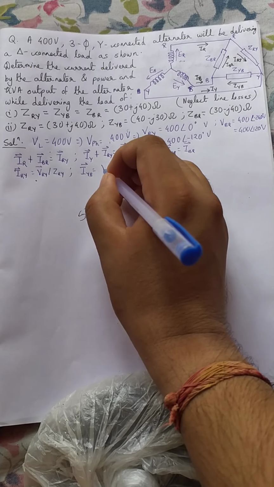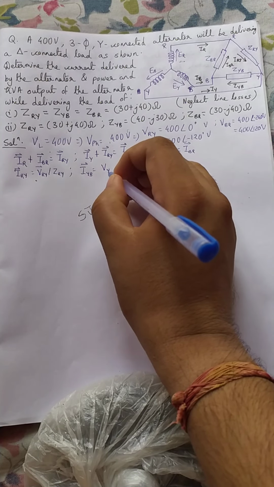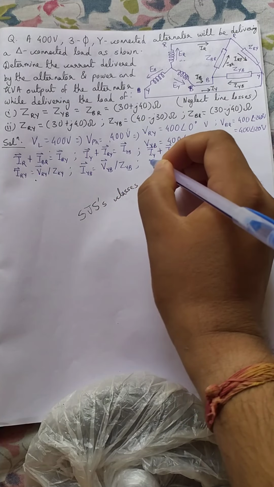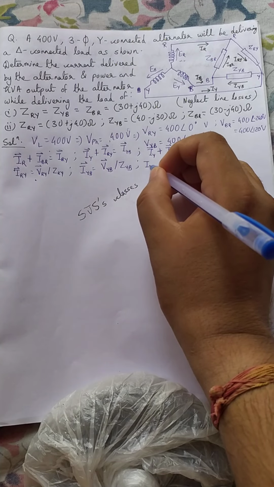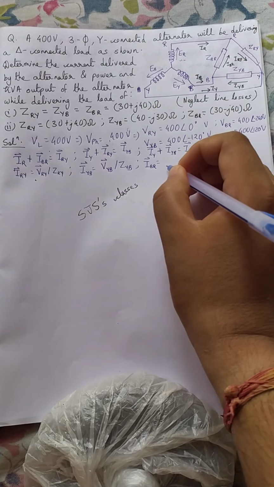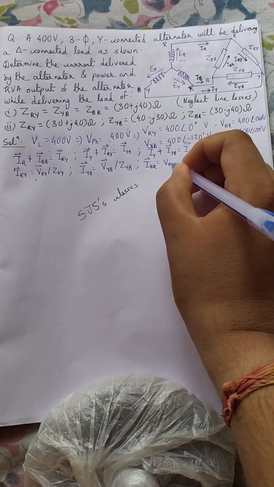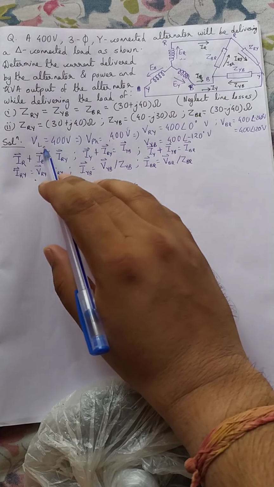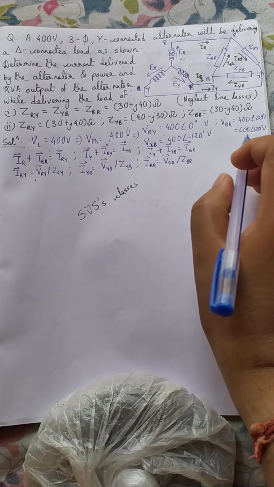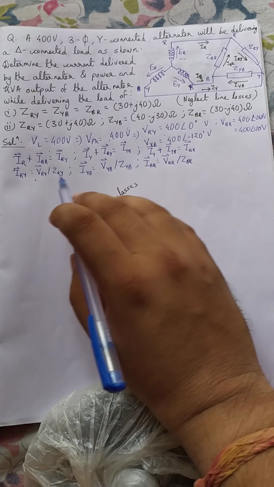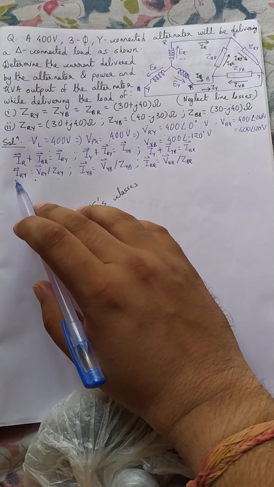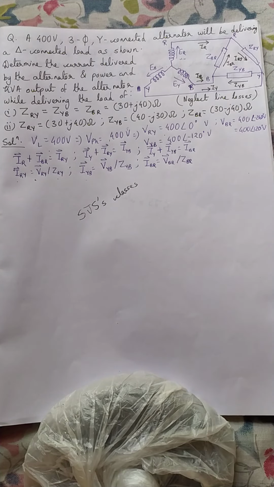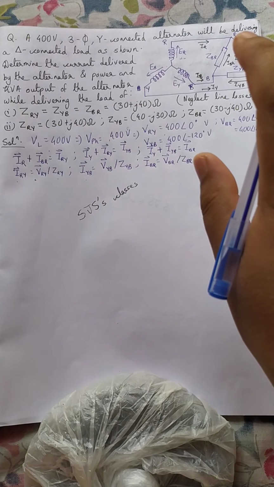IYB, simply in that way it would be VYB by ZYB, and IBR will be equal to VBR by ZBR. Now we know what is VRY, what is VBR, what is VYB. We know all the things. We know the value of Z. So we could find out IRY, IYB and IBR for all the two cases from this particular relationship only.